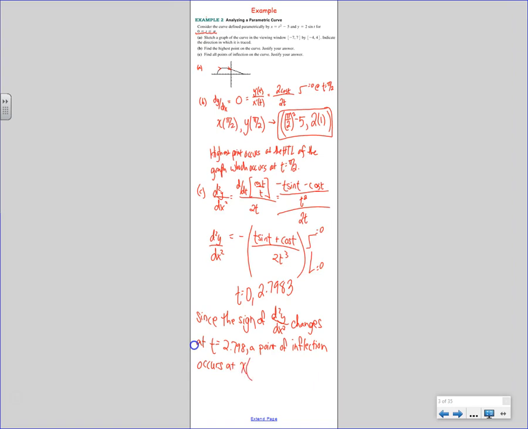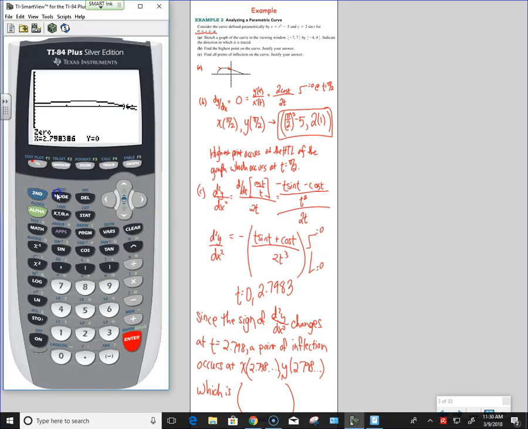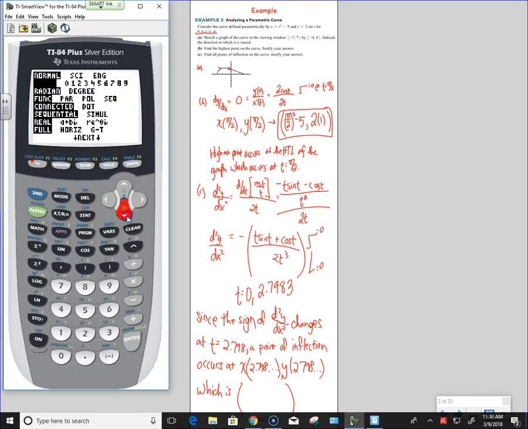Yep, at x of 2.798. I'm going to put a dot, dot, dot. No, we do. I'm just telling you what I'm about to do. Kiddos, you could just plug it into your home screen, or you could, wait a minute. Wait a minute, don't we have these in here somewhere? Can't we go back to parametric?